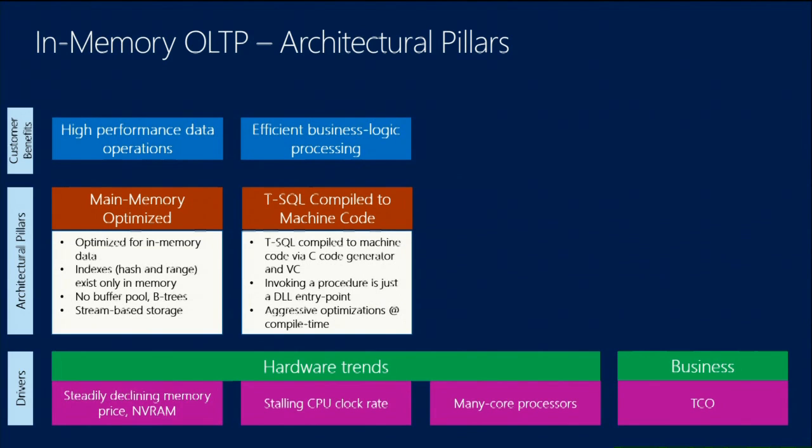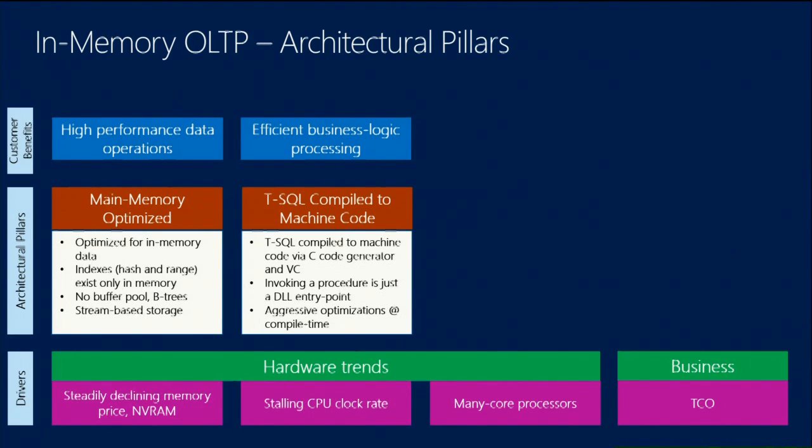Now, the second point we wanted to address is the stalling CPU clock rate. When you see the CPU clock rate stalls, then the question is, how can you do more with the cycles that you have available? And our answer is, we compile T-SQL stored procedures to machine code.